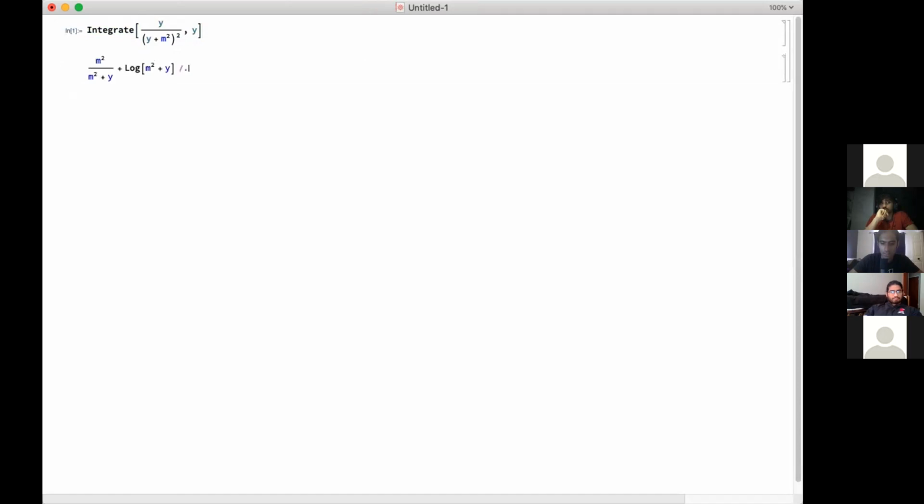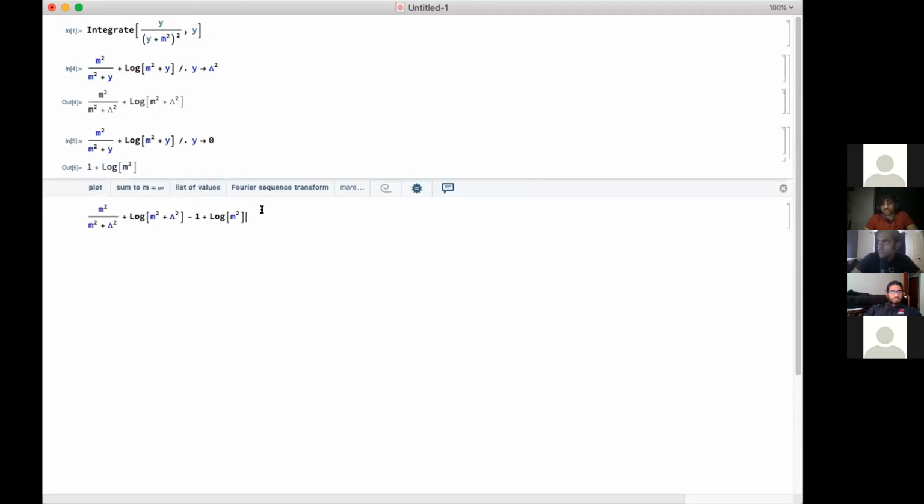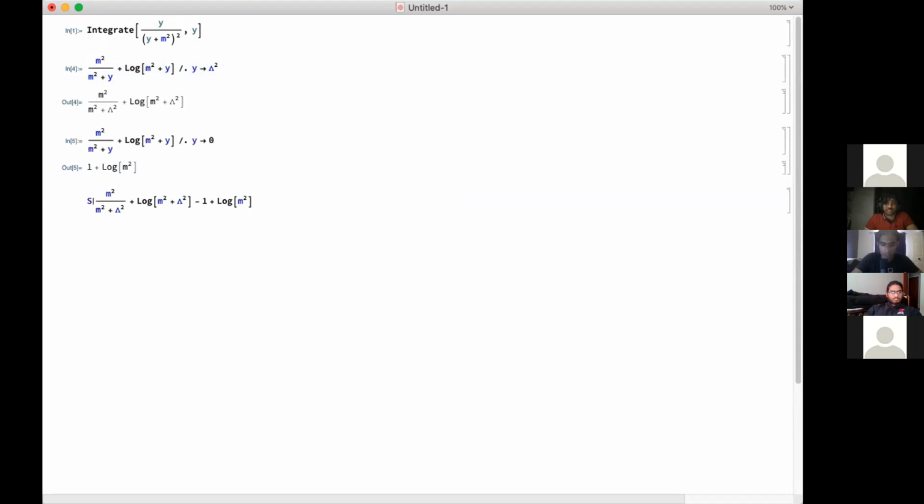So you see we get this, and then we evaluate this at y equals lambda squared and y equals 0. Sorry, it's not doing what I want, I'll have to do it separately in 2 lines. Then I just subtract the two things, and then I take a series in lambda.